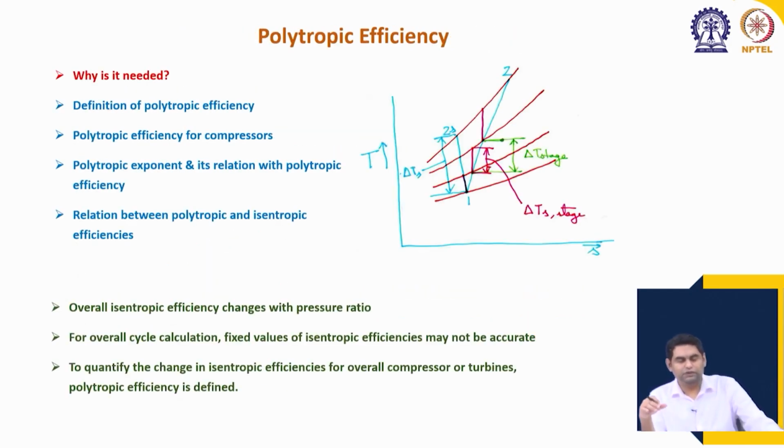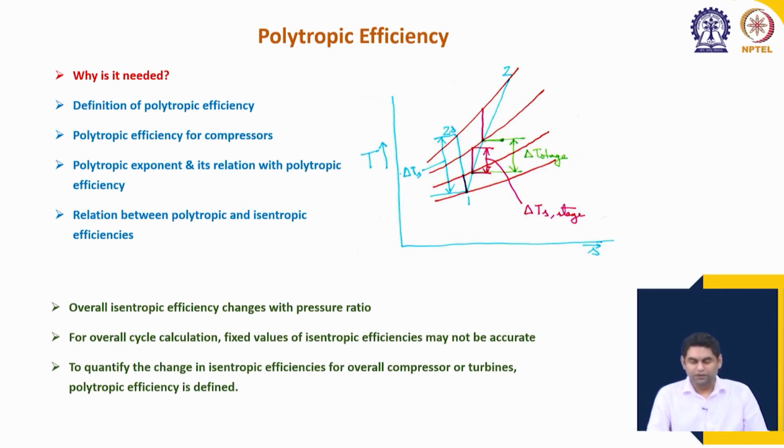Now, the question is why do we need another efficiency? We already have isentropic efficiency, then what is the requirement for defining another efficiency, and how is it different from this isentropic efficiency? So, what is polytropic efficiency? First, let us try to understand why it is needed.